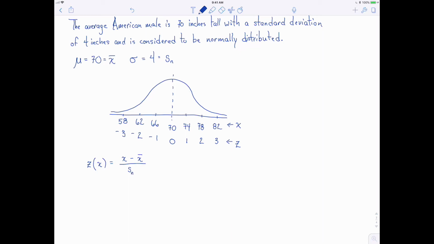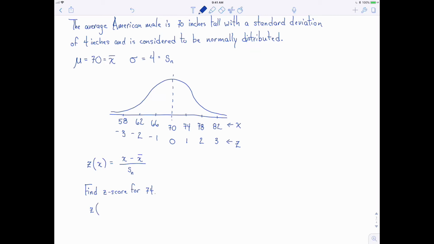So for example, if I wanted to find the z-score for, let's try 74, what we would write is this.